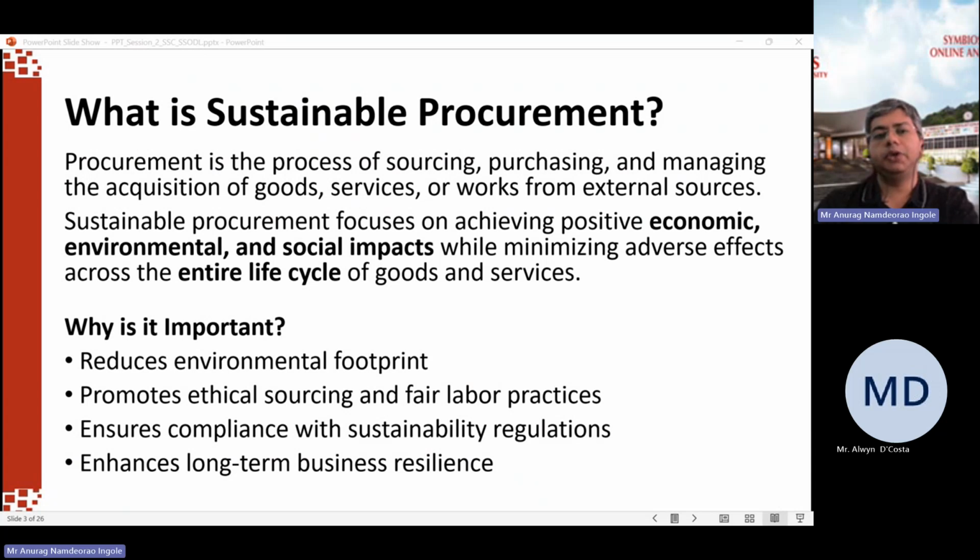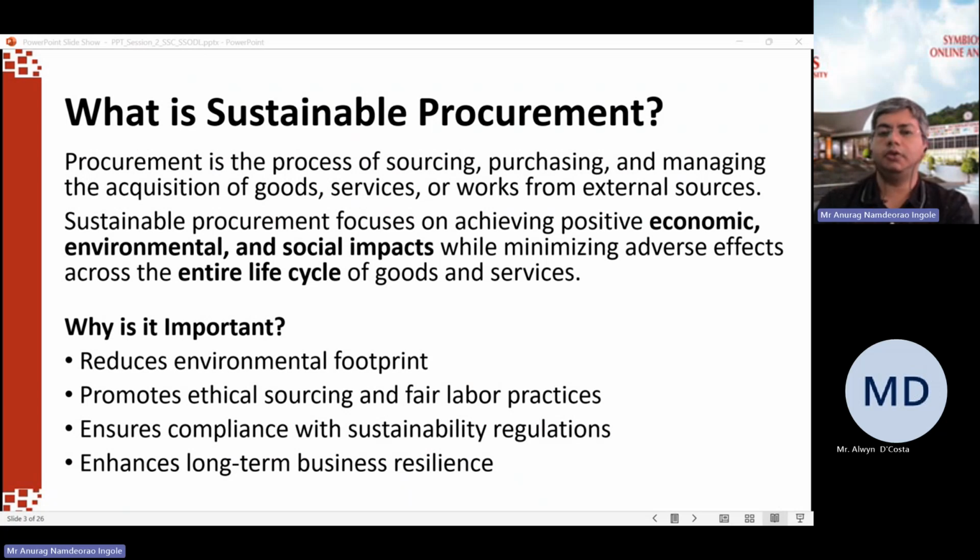The main difference between the normal procurement that we do day to day in our factories and companies, and sustainable procurement, is that sustainable procurement focuses on the entire life cycle of goods and services.